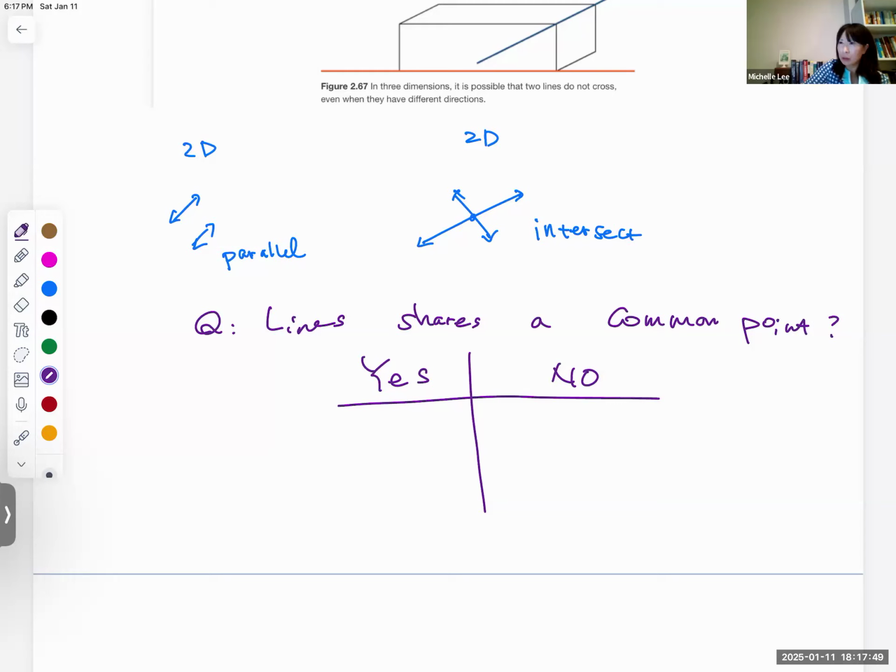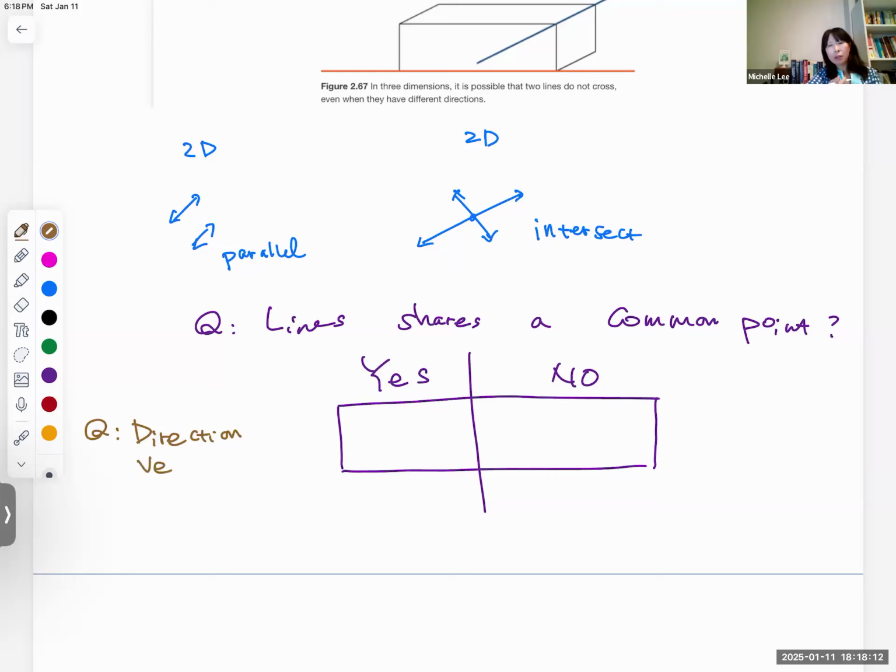And this side question: direction vectors.